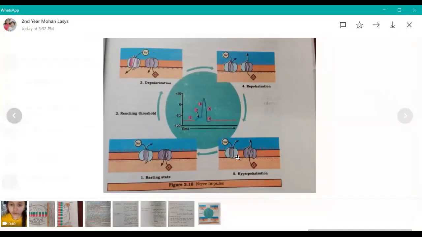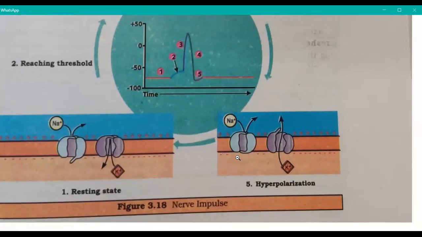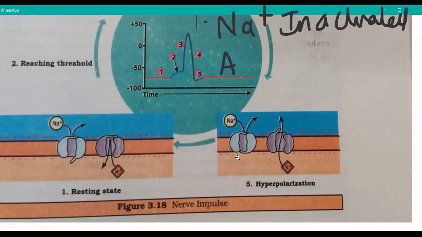Here it is. So hyperpolarization. I think finally when we came here, you can understand the hyperpolarization condition clearly. Let me show you. This is enough for us. Okay. Hyperpolarization. Sodium inactivation and activation gated channels are closed, isn't it?